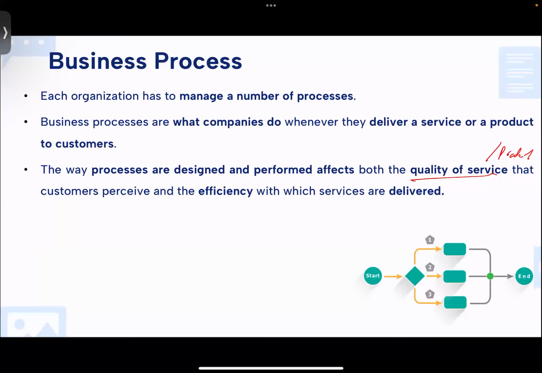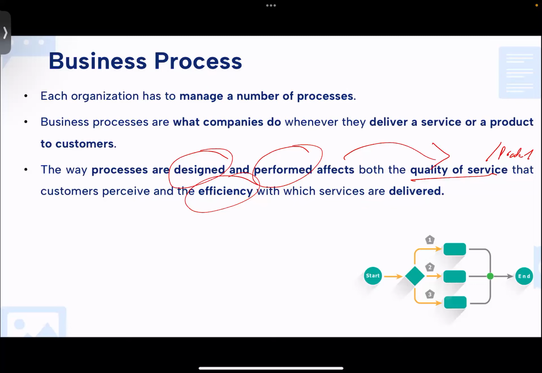So based on the design of the process and how we perform the particular process, it has an effect on the quality of the service, as well as on the efficiency of the services that are delivered. Within the organization, the design and how we perform the particular process has an effect on the quality of the service or the product and the efficiency of the organization.